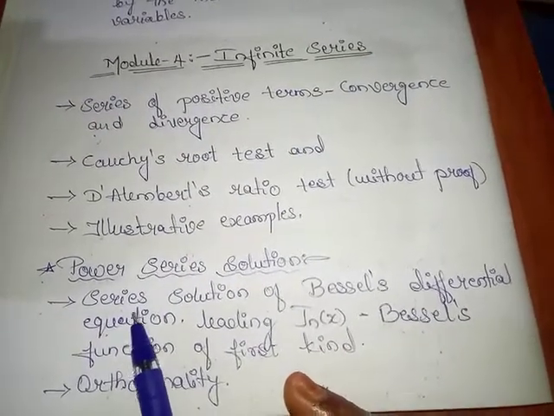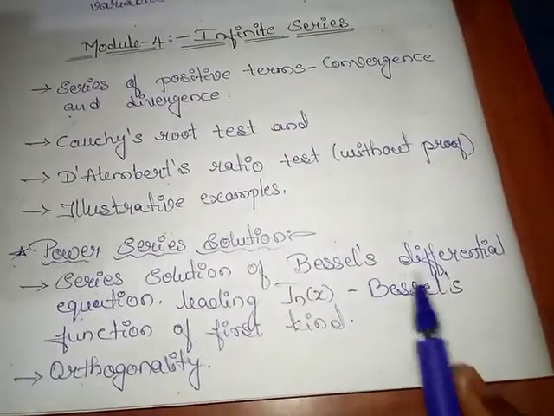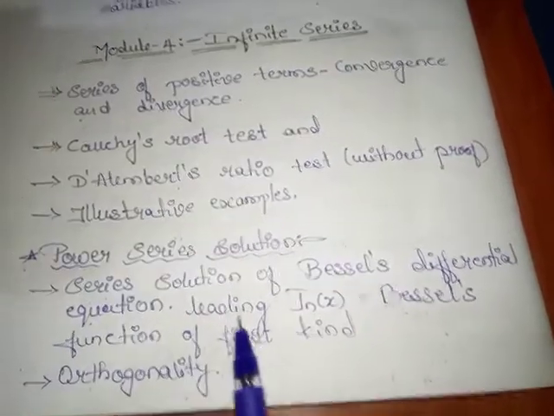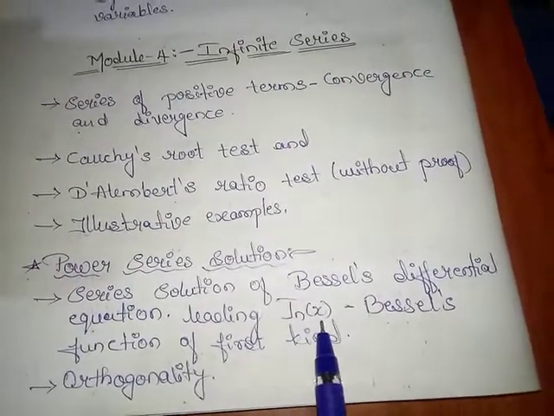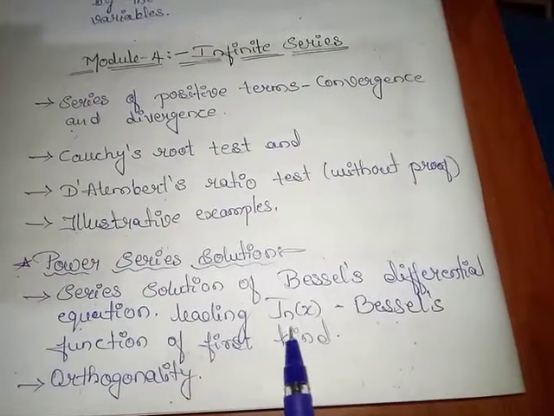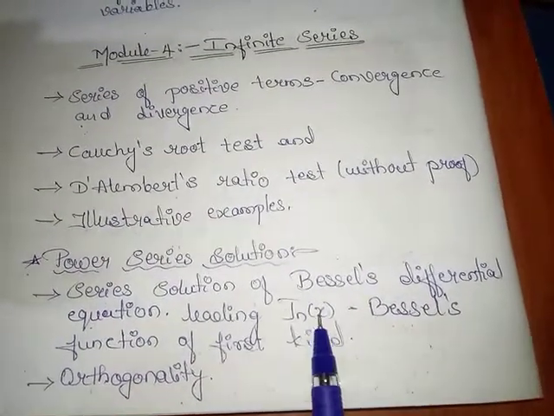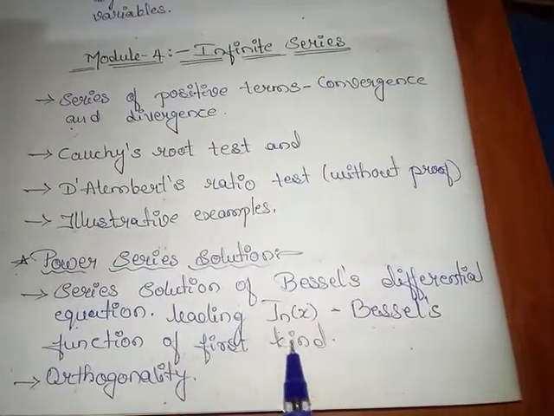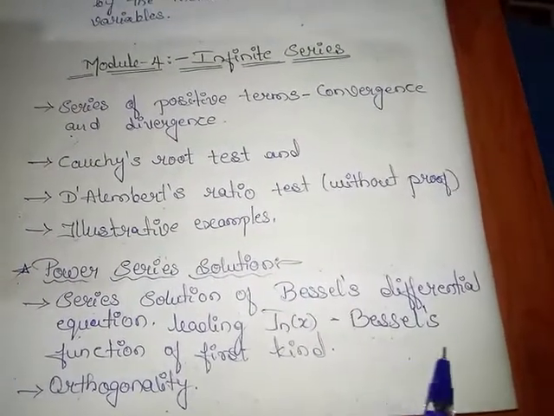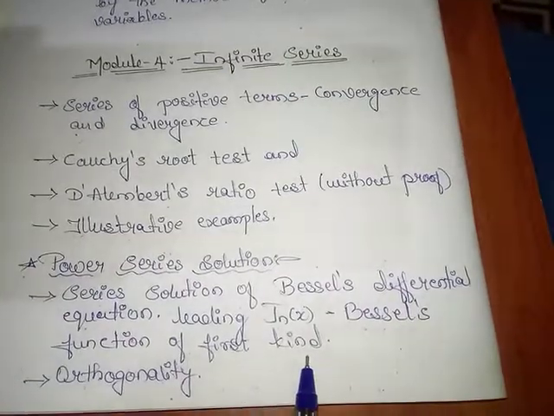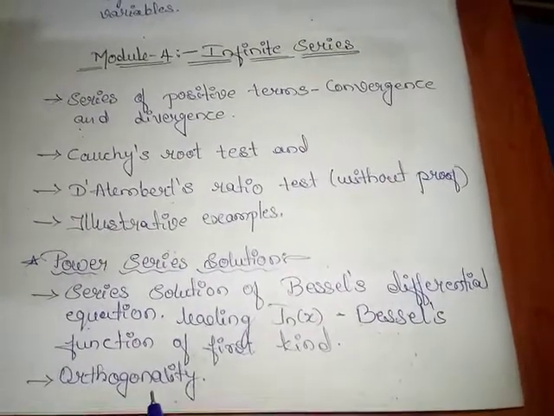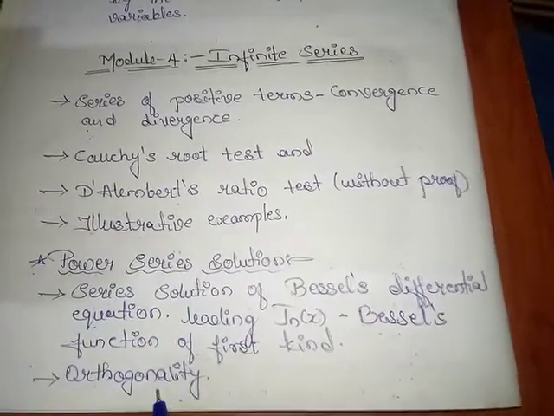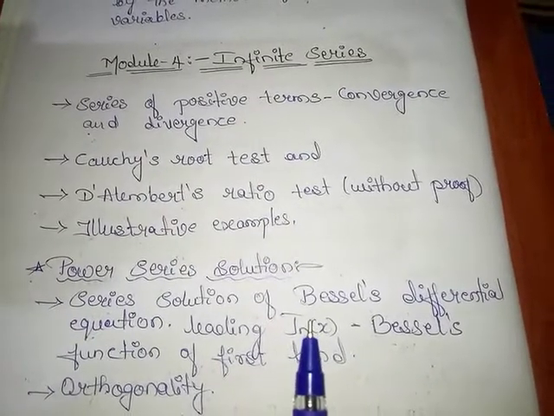Here we have one sub concept, that is power series solution. Here we have series solution of Bessel's differential equation leading to Jn of x, which indicates Bessel's function of first kind, and orthogonality on this concept.